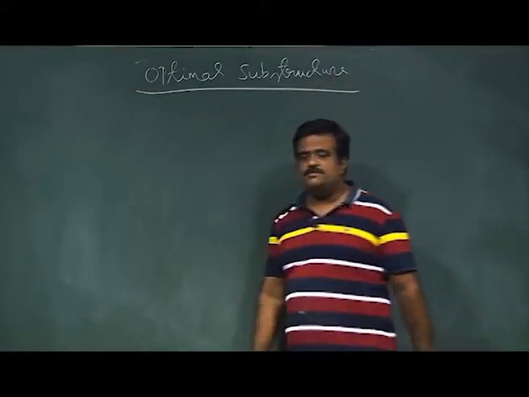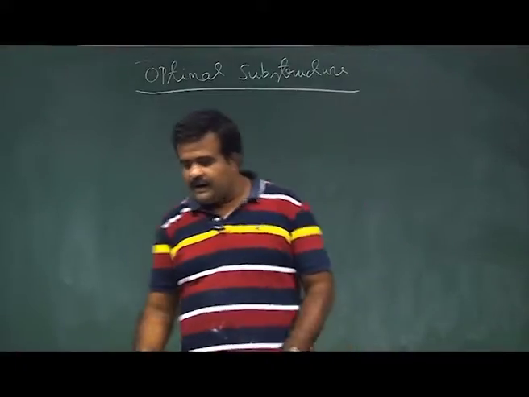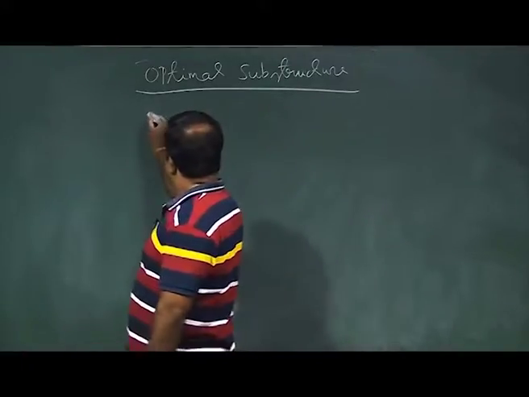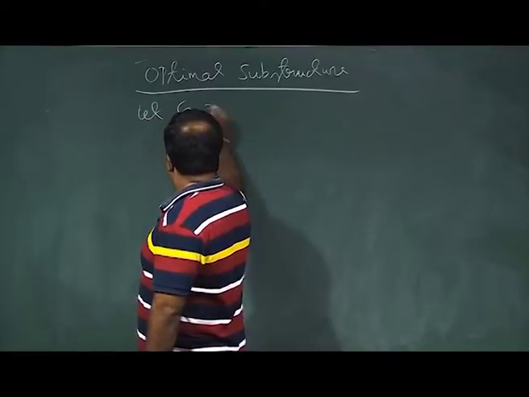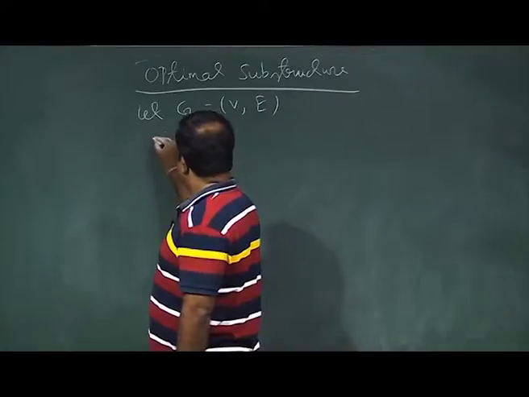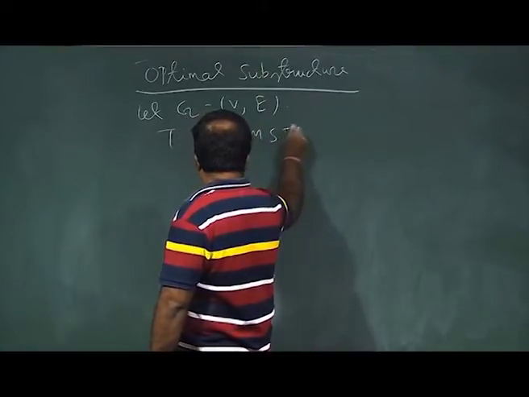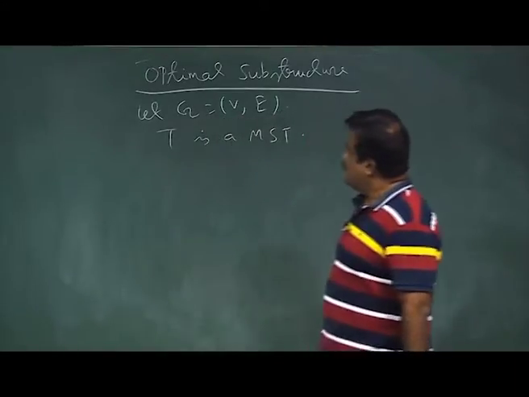So what do we mean by optimal substructure here? Suppose we have a minimum spanning tree. Let G be a graph, and suppose T is an MST. Okay.